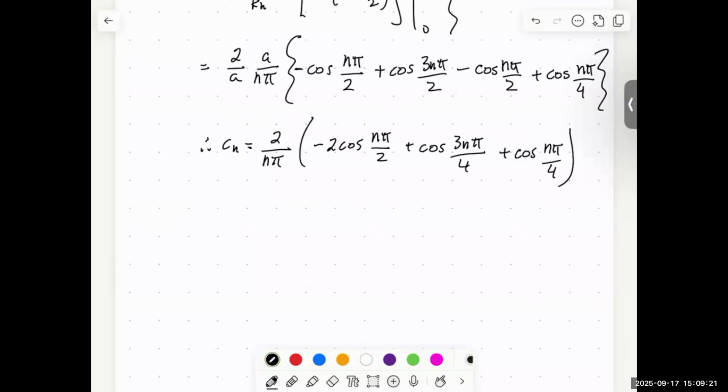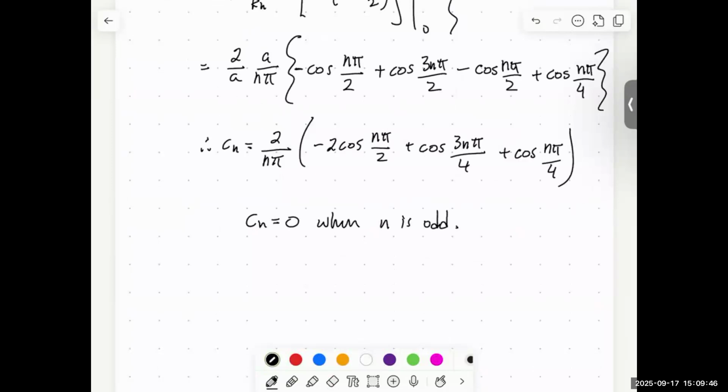If you actually work this out, what you'll find is Cn is equal to 0 when n is odd. If I put an odd number here, I'm going to get some cos of a multiple of pi over 2.